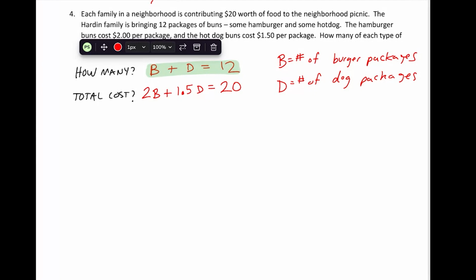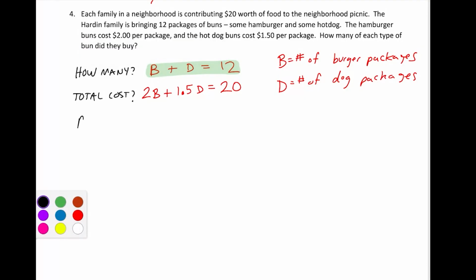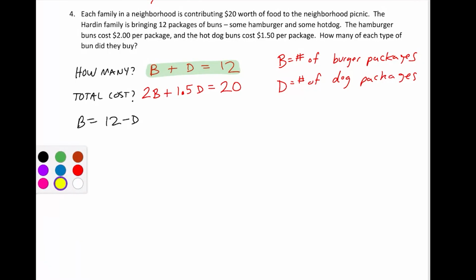How about we do B? If B plus D is 12, that means that B equals 12 minus D. All right, and that's an expression that I can use to substitute into the other one.